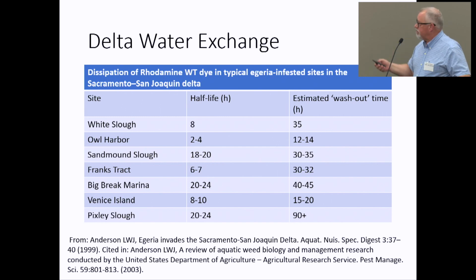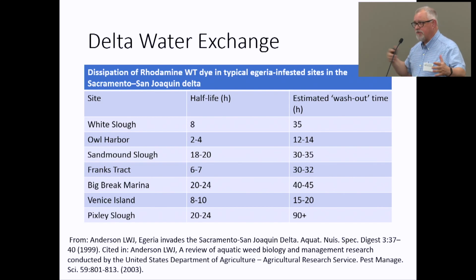And this is the problem. We have extensive water exchanges. Some data from Lars Anderson, my predecessor at the USDA, where he looked at several locations in the delta with a rhodamine WT dye exchange study. And he found half-lives range from 2 hours to 24 hours, depending on the location.